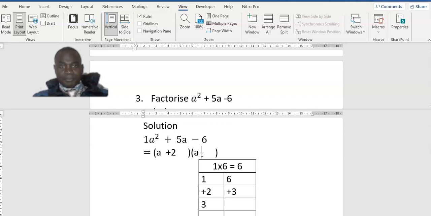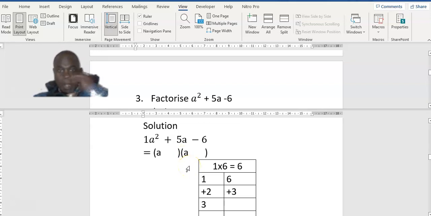We cannot use 2 and 3. Why? Even though it gives us 5, if you check this question, we have minus. Here is what? Minus 6, not plus 6.